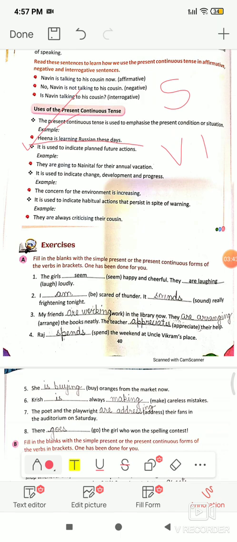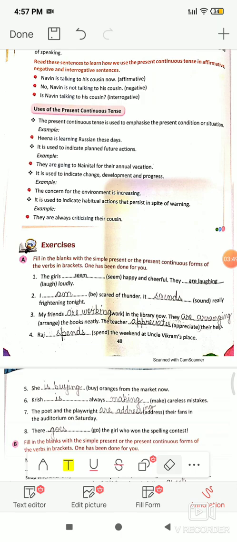If I use I, I am learning, right? So is with singular subject, are with plural subject, am with I. Subject plus is, am, are plus verb first form plus ing. This is present continuous tense.